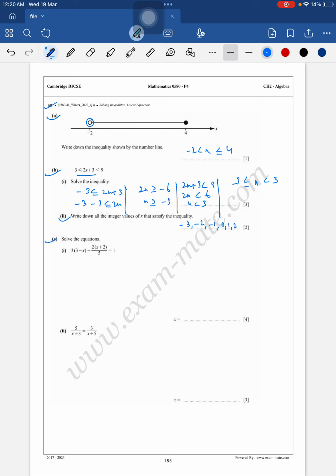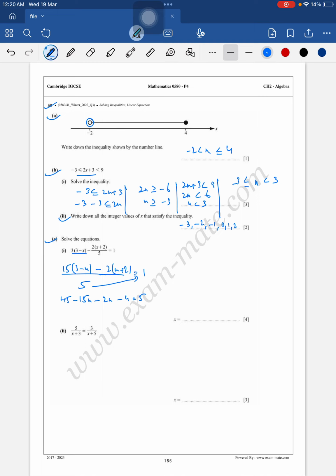Okay, taking LCM first. So 5 times 3 is 15 into 3 minus x, as there is no number in the denominator. Minus 5 came as it is, equal to 1. Now 5 multiplies with 1, so 15 into 3 is 45, and 15 into x is 15x, minus 2 into x is minus 2x, minus 2 into 2 is minus 4, is equal to 5.